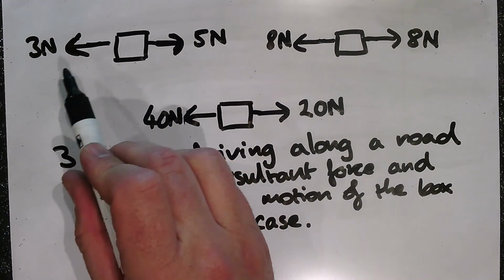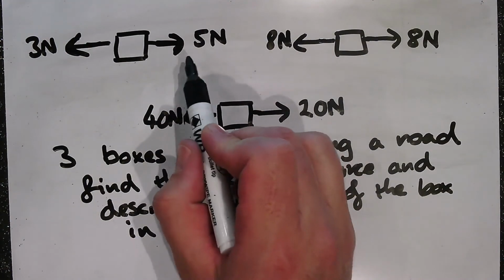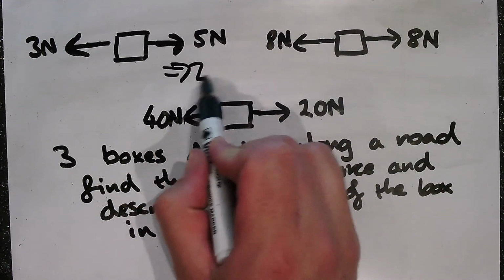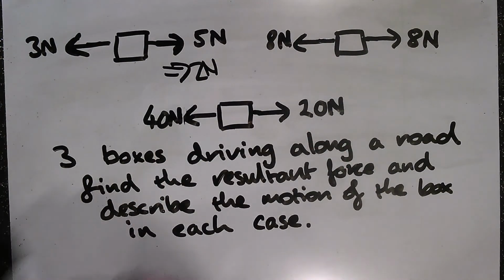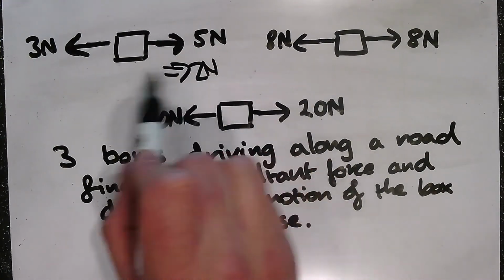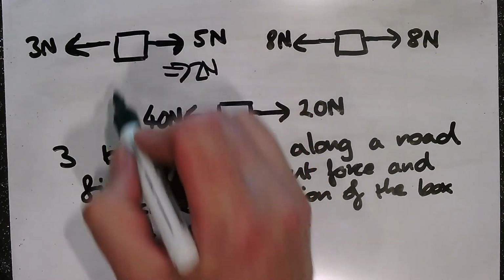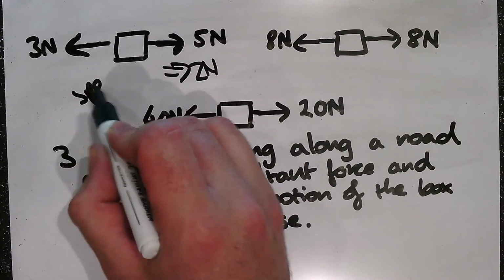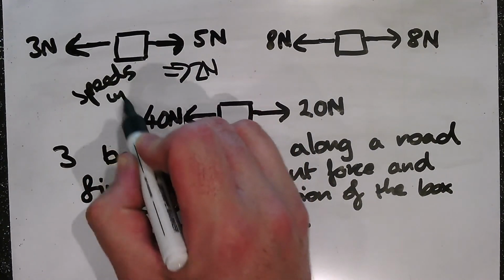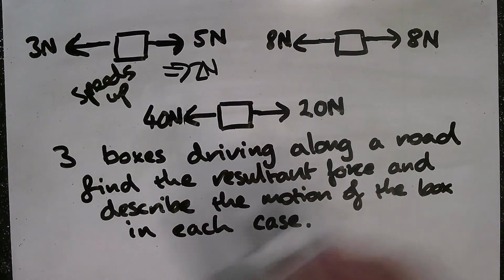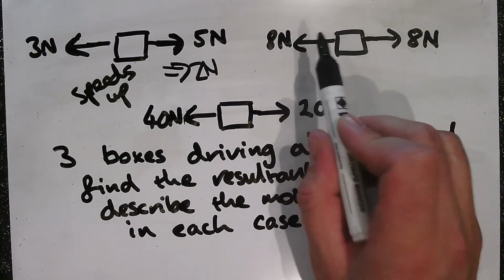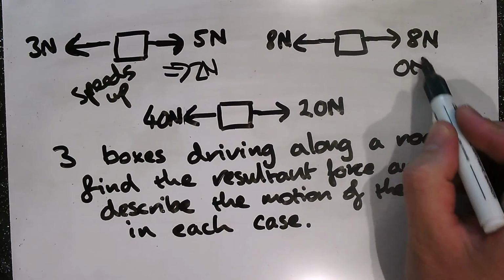First one, 3 newtons, 5 newtons. This way wins, so we have a resultant force of 2 newtons to the right. Assuming this is the positive direction, this one is going to be speeds up. Let's go with this one. 8 newtons, 8 newtons, gives me 0 newtons overall.